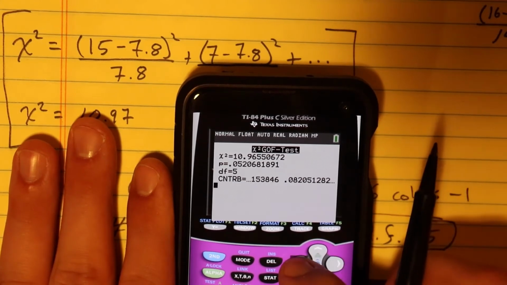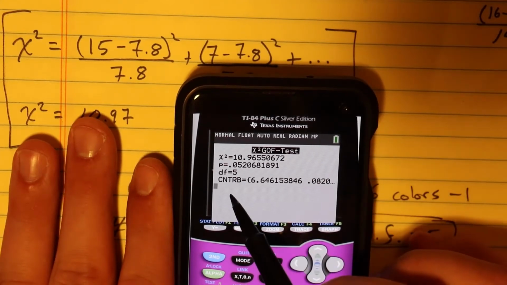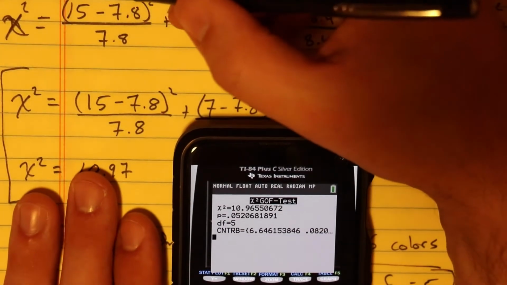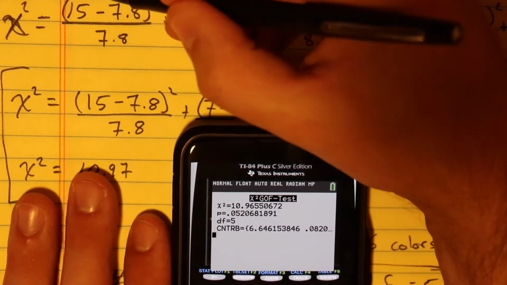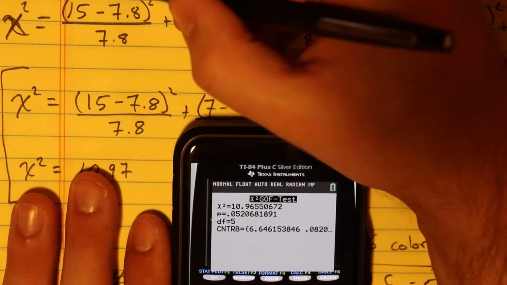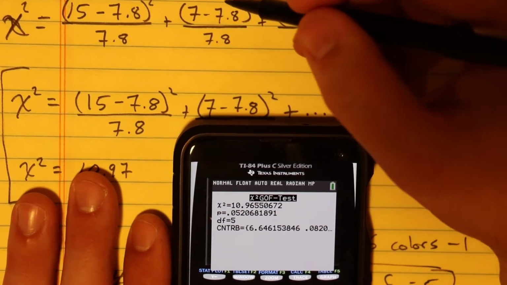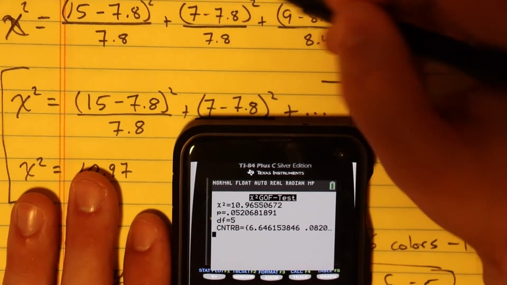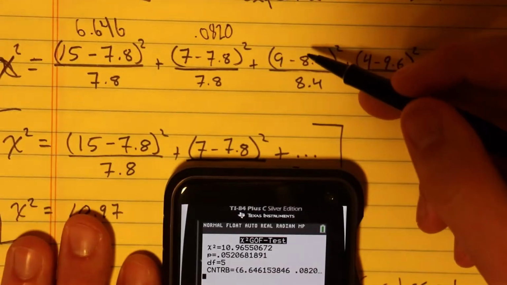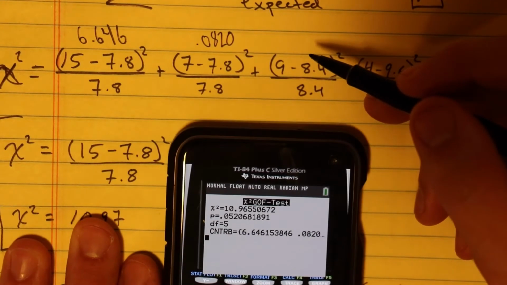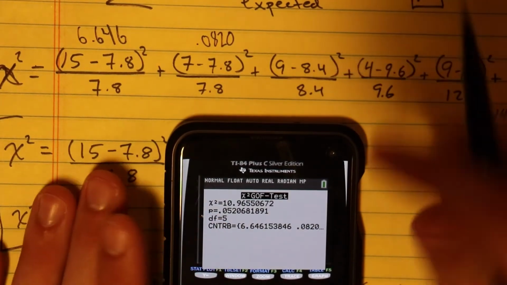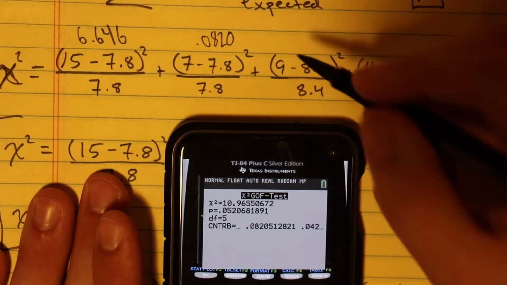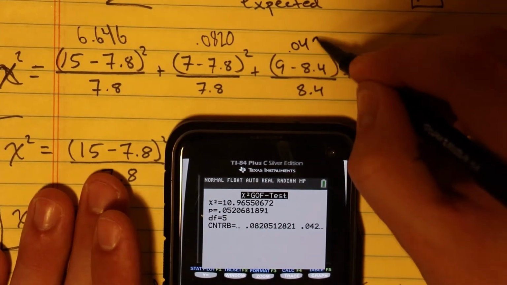Check this out. The contribution, the CNTRB, tells you the value of each of these sums. So it's telling me that this number here is 6.646. This one here is 0.0820. This one here is 0.042.